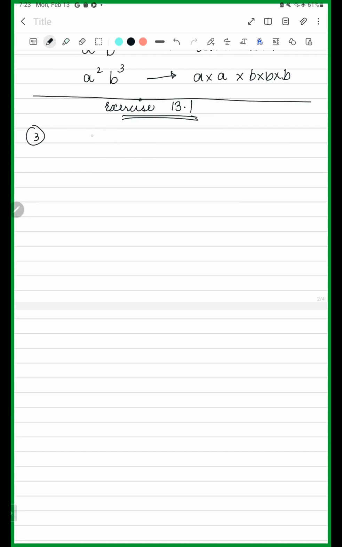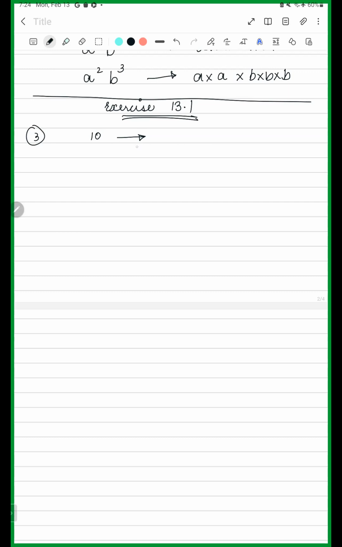Why do we have to multiply what? We can just say 10 multiplied by 1, with the power 1. What they want you to do in this question is write it in terms of its factors, just like you can see in the second question.